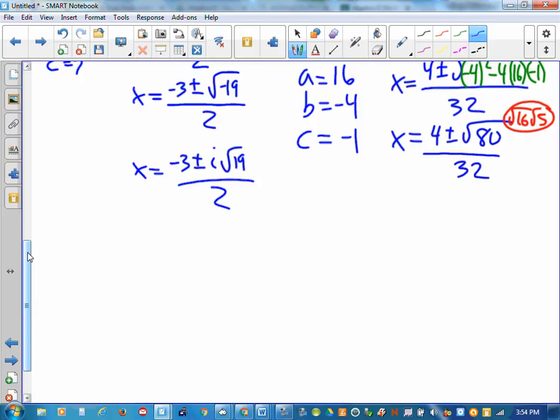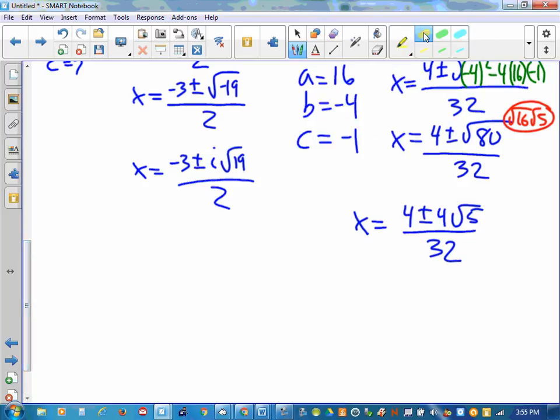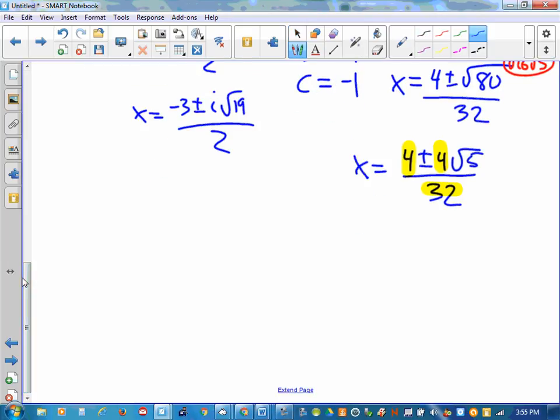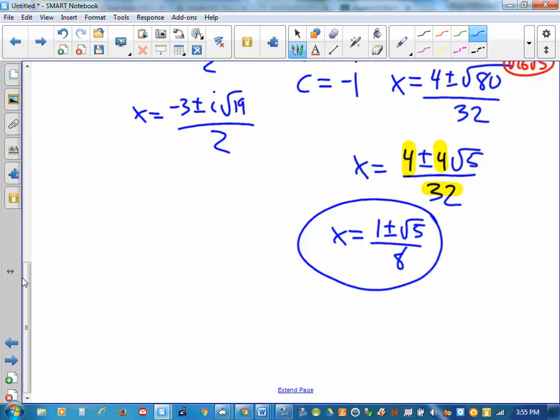So we get x equals 4 plus or minus 4 square root of 5 over 32. Now we notice that each one of these, I'm going to highlight it in yellow. There it is. All those are even, but they're also multiples of 4. So you can divide all of those yellow parts by 4 to get a final answer of x equals 1 plus or minus the square root of 5 over 8. And that would be the best answer.